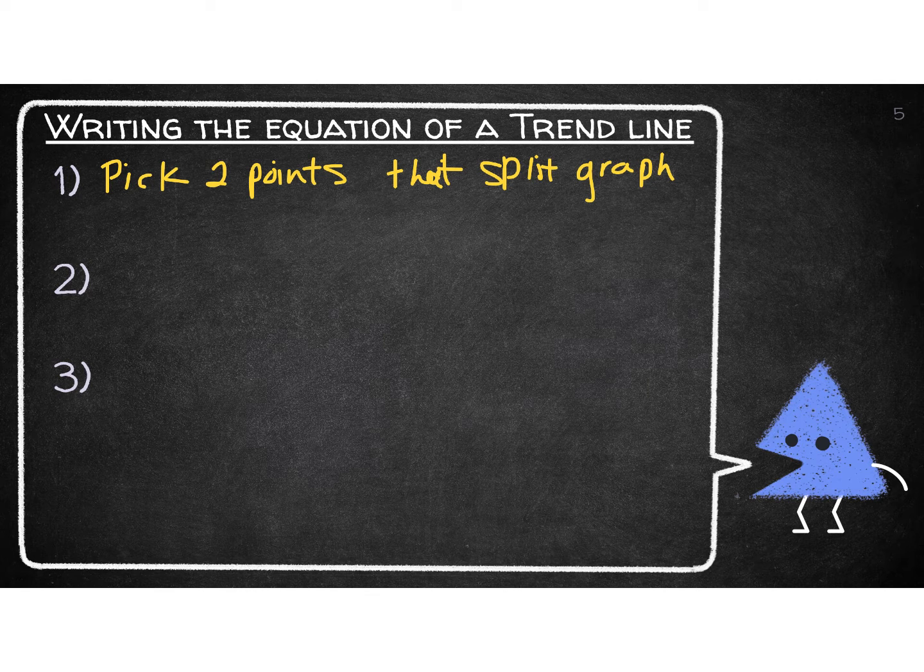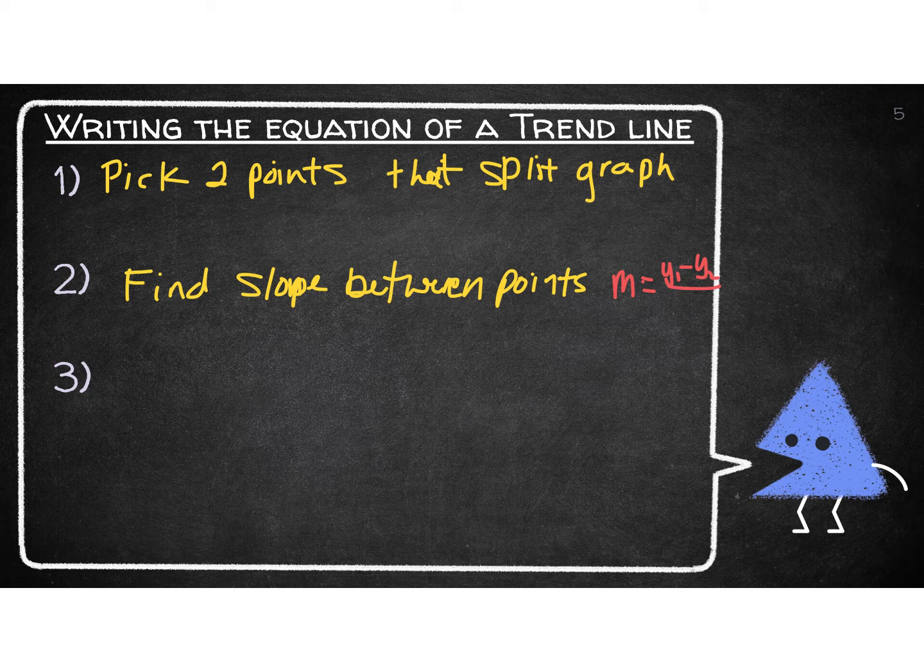Once we pick the 2 points, then we're going to find the slope between the points. As a reminder, the slope formula is m equals y1 minus y2 over x1 minus x2. We've been doing that for a long time now, so that is the slope formula we'd use.